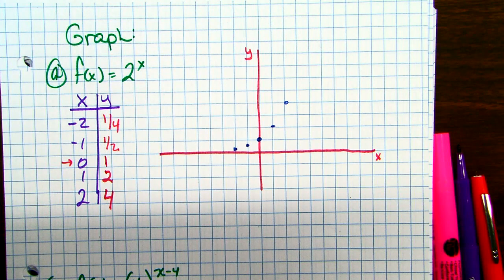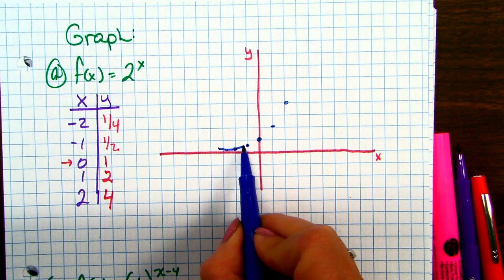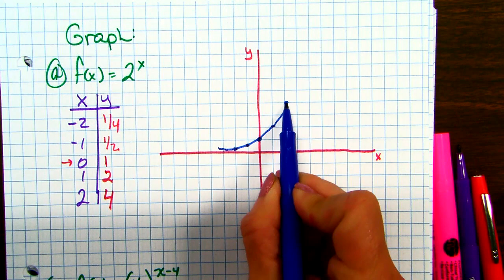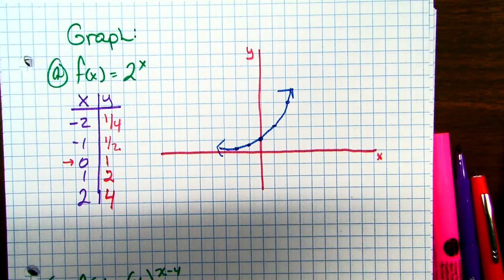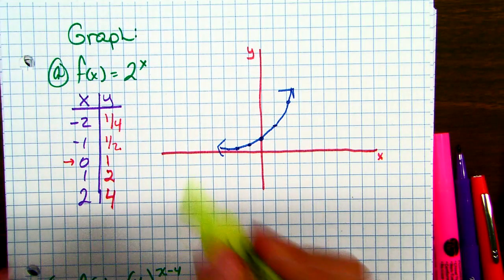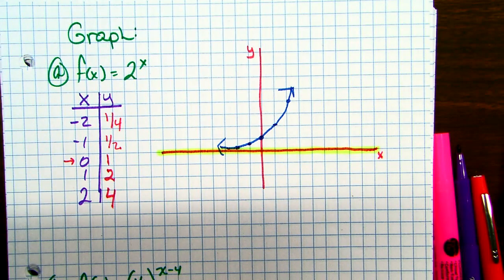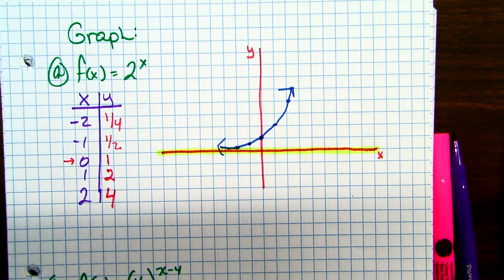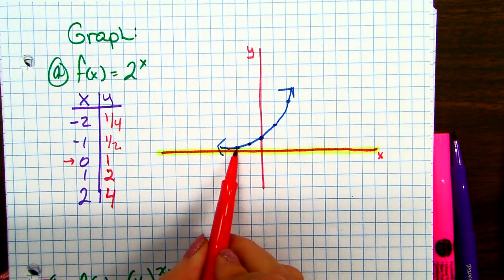Now watch me graph my graph. Look how careful, everybody look. I'm really careful as I get close to my x-axis. Because guess what? I have an asymptote at y equals 0. Why do you think that I cannot have a y value of 0? I'm not going to touch that line.